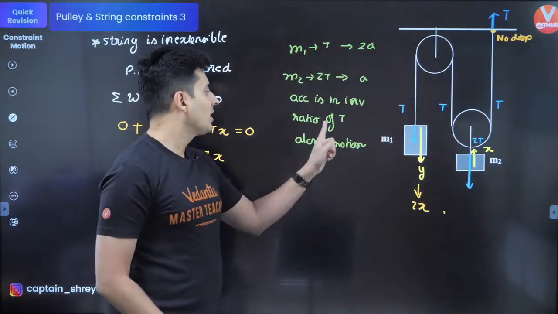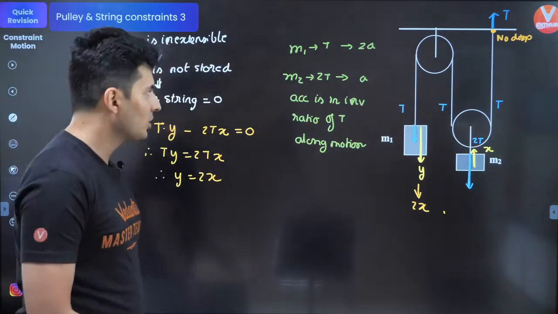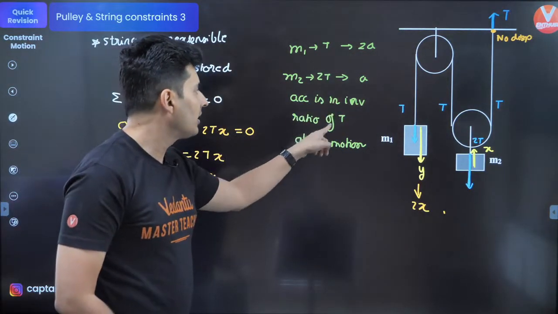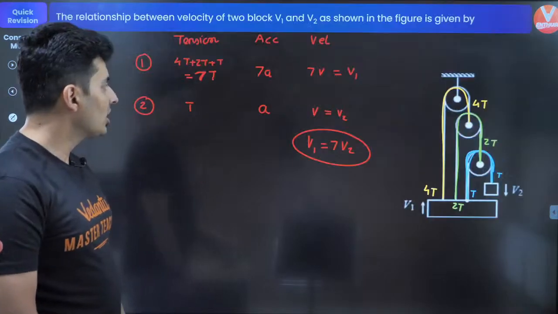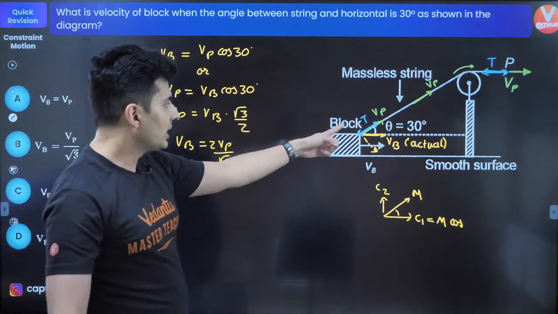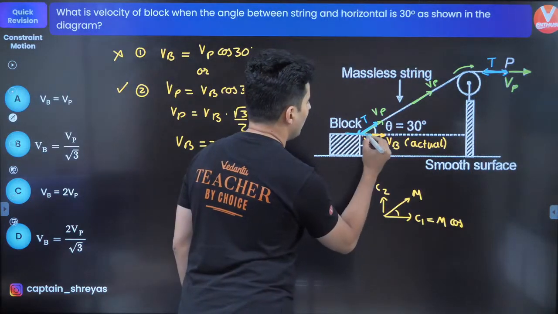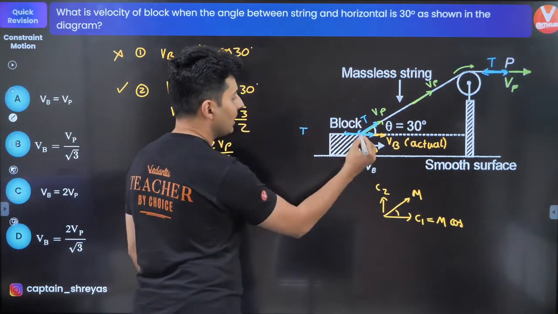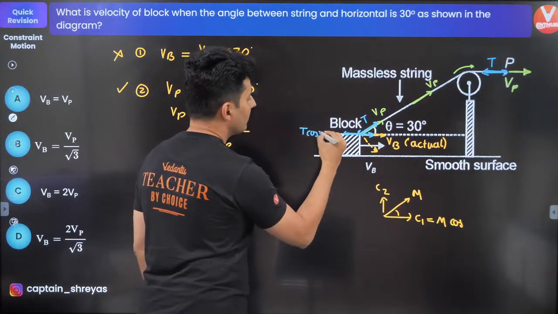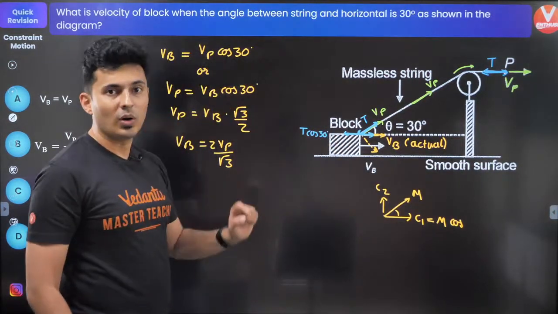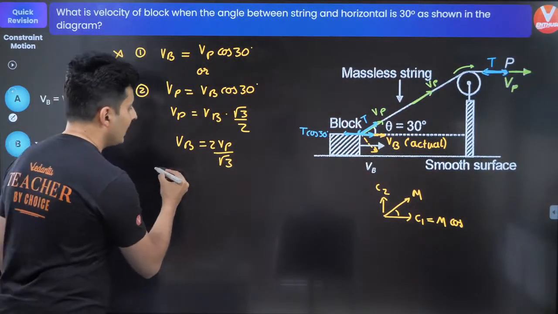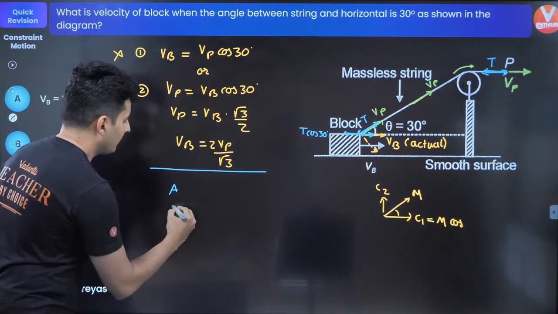The tension along the motion, this is very crucial. Acceleration is in the inverse ratio of the tension along the motion. So what is the tension along the motion? It is nothing but T cos 30. Now it's very easy. So this is for A, this is for B.